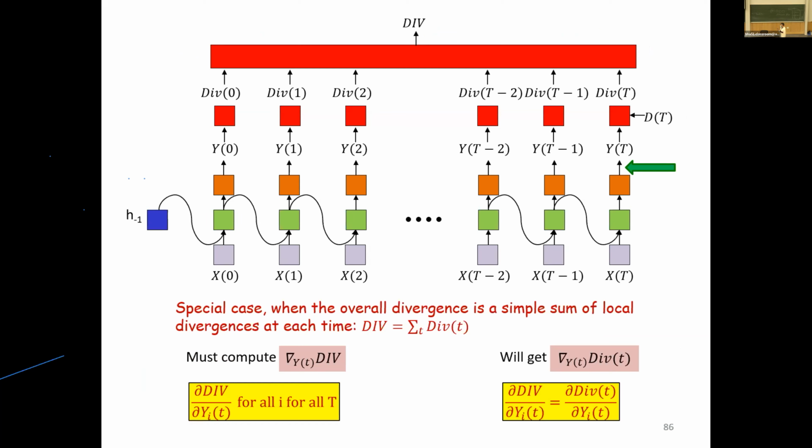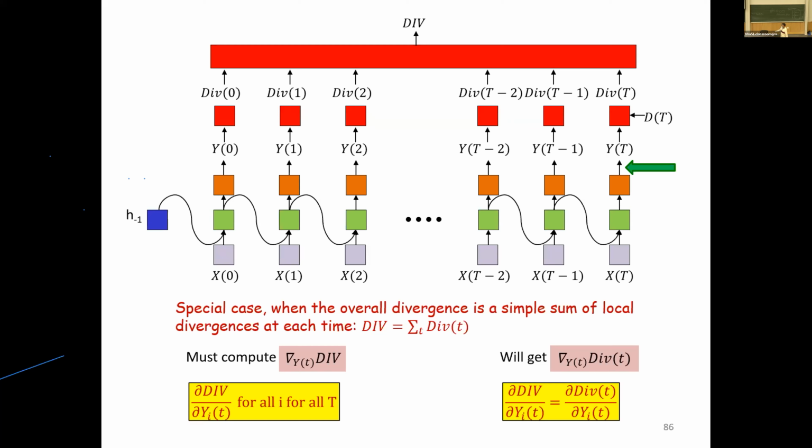The divergence is expected to be a function of the two sequences, the sequence of actual outputs and the sequence of desired outputs. Nonetheless, the divergence function must be differentiable, and we must be able to compute the derivative of the divergence with respect to each of the outputs. If you cannot do this, clearly you cannot perform backpropagation.